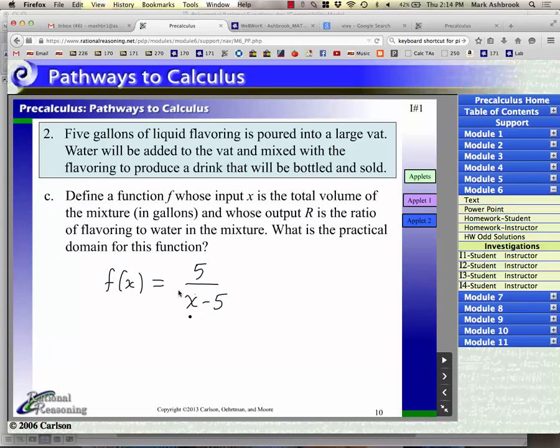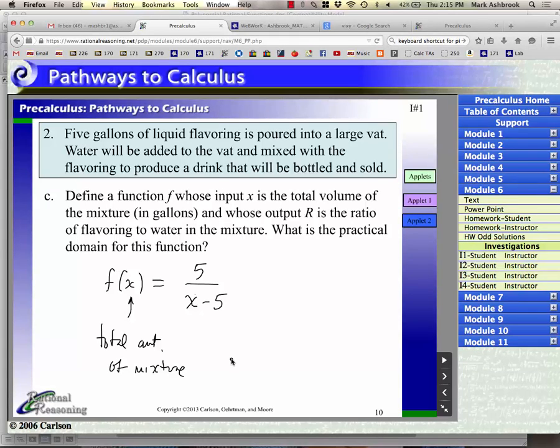Okay, can we calculate this ratio for a total amount of mixture of 5? Why not? Because the denominator can be 0. Okay, and what would it mean in the situation? Trying to make the total amount of mixture 5, it would all be flavoring and there'd be no water.